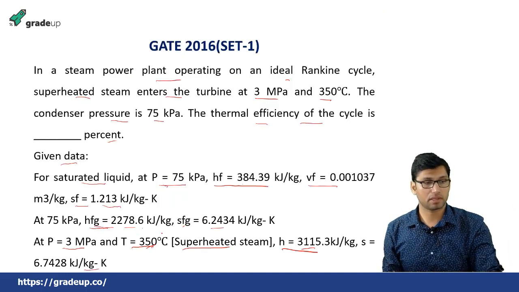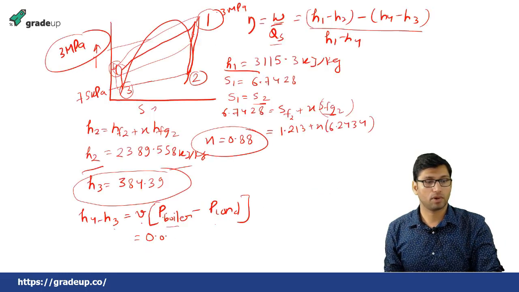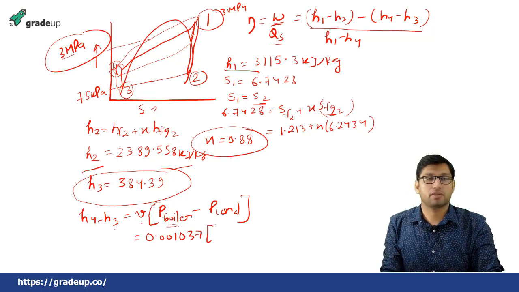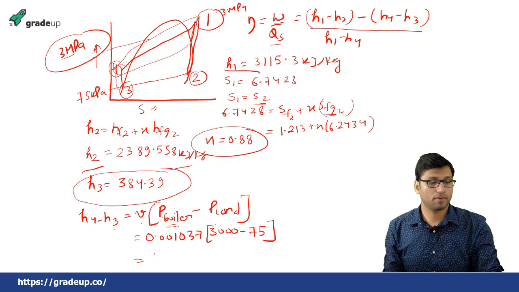The specific volume at 75 kilopascal is given as 0.001037. So this is equal to 0.001037 times the boiler pressure of 3 megapascal, that is 3000 kilopascal, minus condenser pressure 75. This value comes out to be 3.033225, which is H4 minus H3.